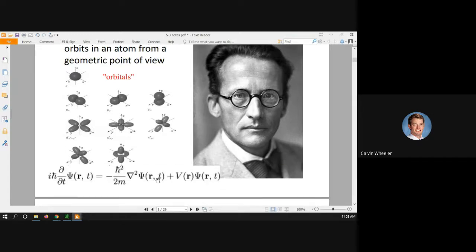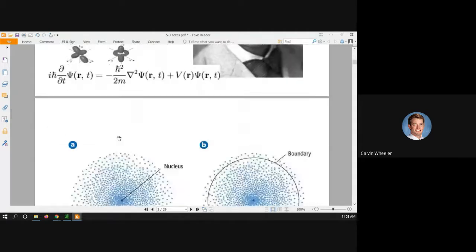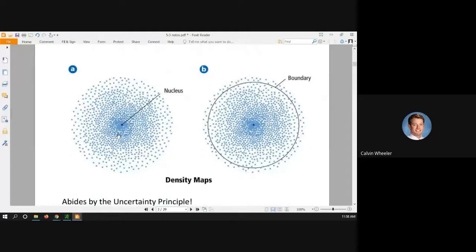This is an iteration of his wave function with all the variables that can be plugged into it. So this is a good way of understanding orbitals. Here is an electron density map. What this electron density map shows is the probability of finding electrons in certain spaces surrounding the nucleus.